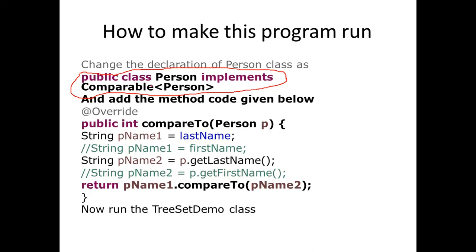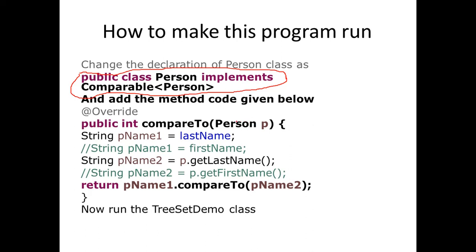That means you will have to give the type of the element for which you are going to implement the Comparable interface. Now once you change the declaration like this by adding the implements clause, what is it that you need to do? It is mandatory on the class which is trying to implement the Comparable interface to override the method which is there in the Comparable interface, that is compareTo.